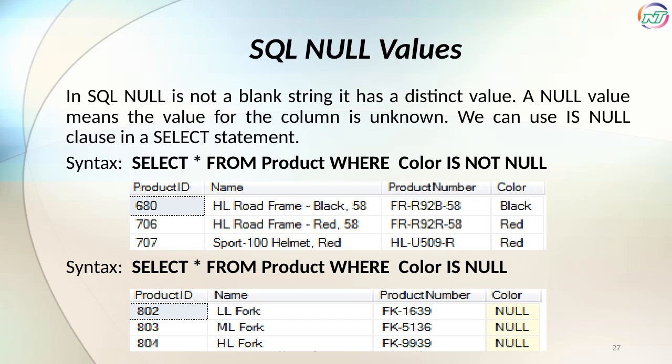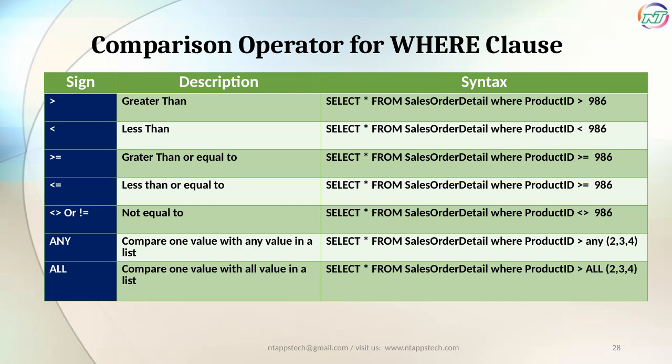In SQL, comparison operators help us filter data by comparing column values to specific criteria. For example, the greater than symbol allows us to select rows where a value is higher than a set number. Similarly, less than filters for values below a threshold. We can also use greater than or equal to and less than or equal to include values that meet or exceed certain limits.